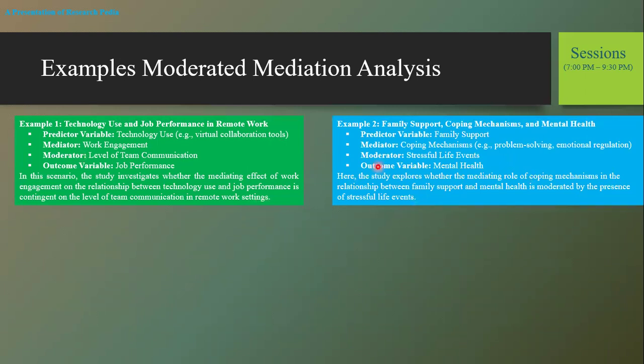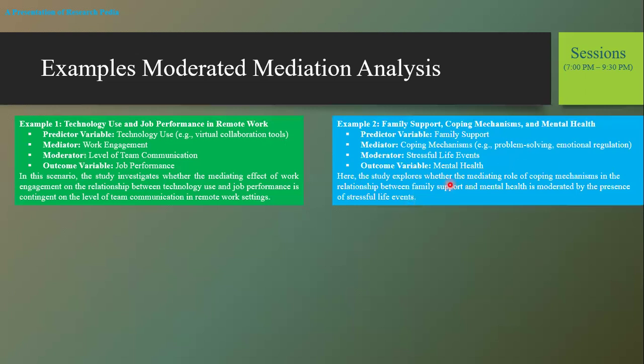We can consider example number two, family support, coping mechanism, and mental health. We may have an independent variable like family support. We may have a mediator like coping mechanism, problem solving, emotional regulation. We may have a moderator like stressful life events. We may have an outcome variable like mental health.